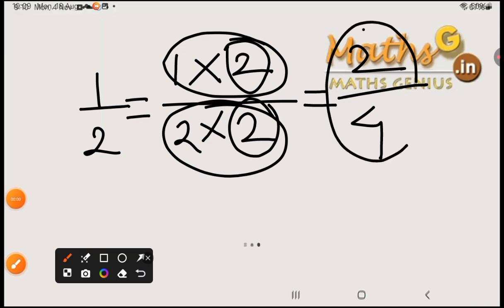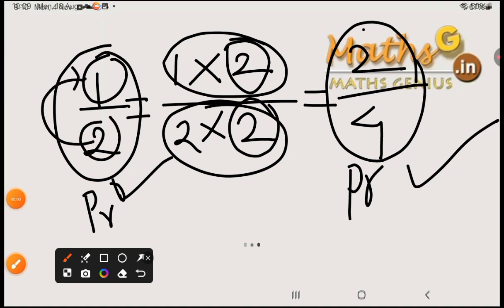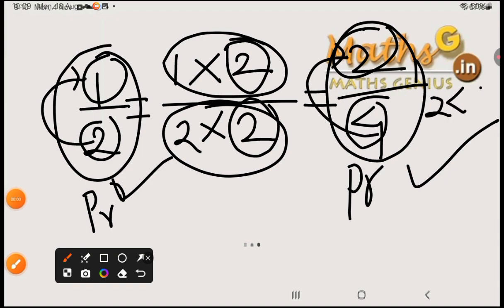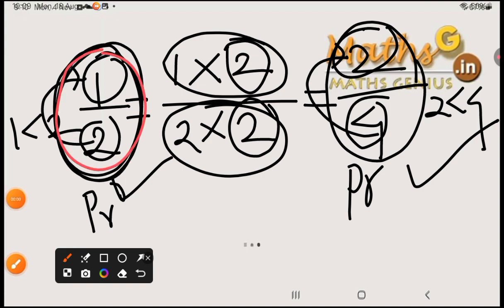Now this fraction 2 by 4, is it a proper fraction? Yes. Is 1 by 2 a proper fraction? Yes. Why? Numerator is lesser than denominator. Here also the numerator is lesser than the denominator. 2 is lesser than 4, 1 is lesser than 2. So 1 by 2 and 2 by 4 both are proper fractions.